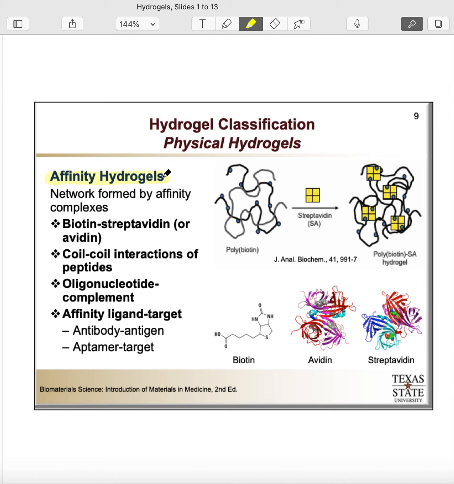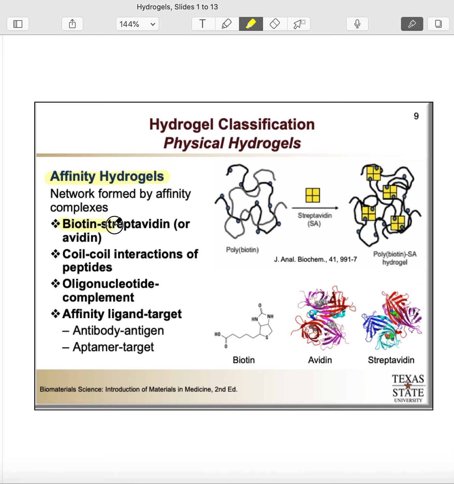Typically there would be hydrogen bonding as well as electrostatic interactions that can bring those two together with high specificity.